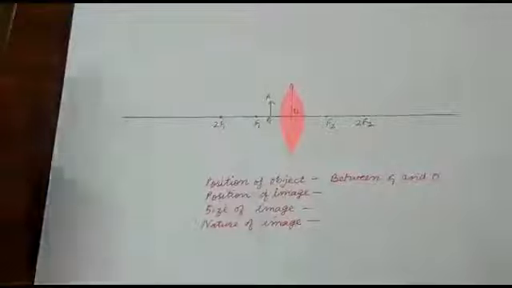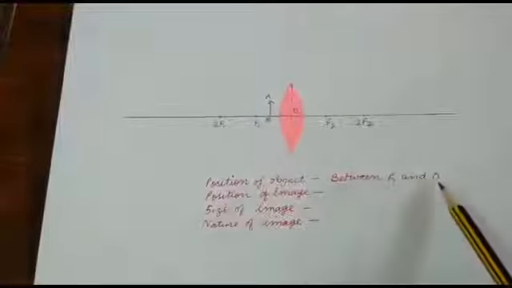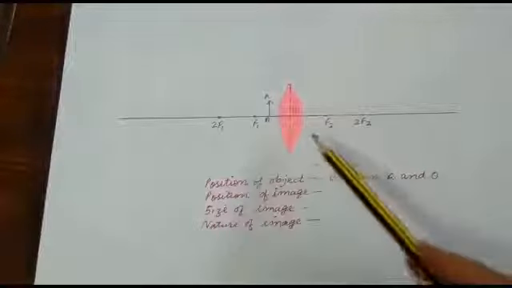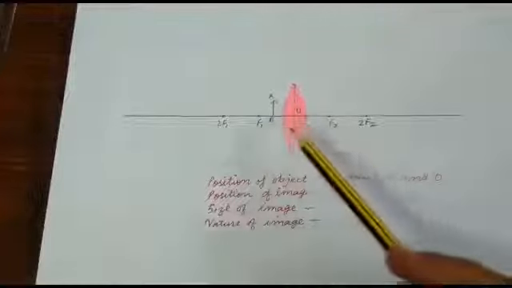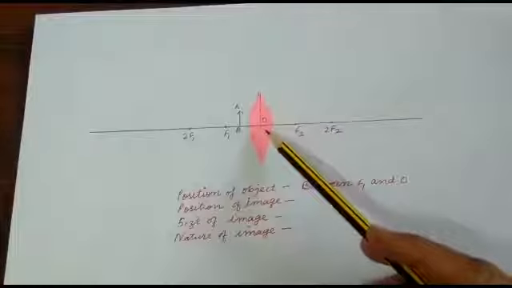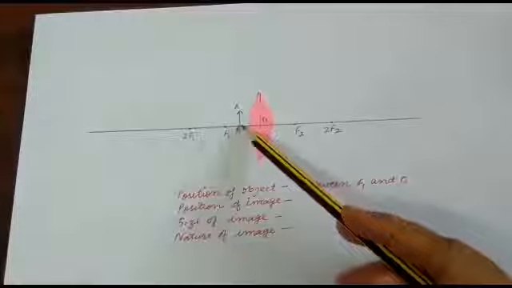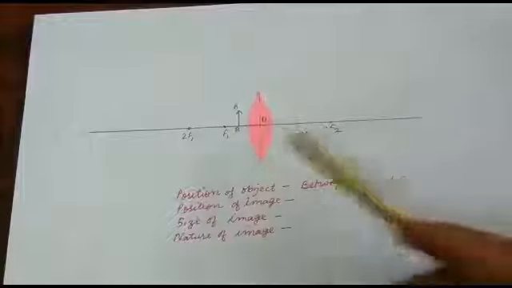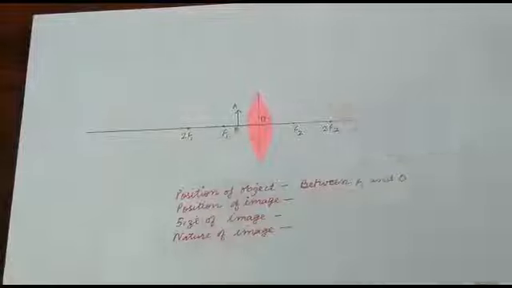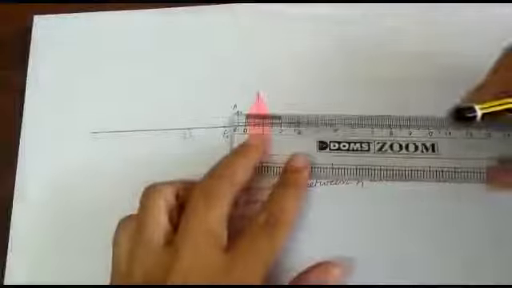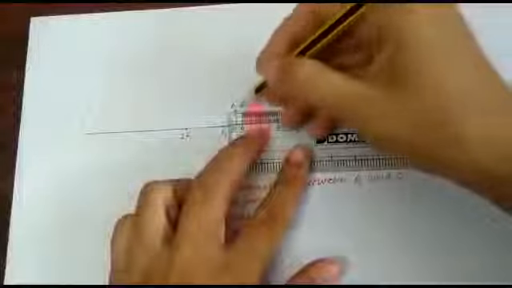Next position of the object is between F1 and O. O is the optical center of the lens. That means the object is placed very near to the lens. So here AB is the object and it is placed on the principal axis, between F1 and O. The first light ray is moving parallel to the principal axis.